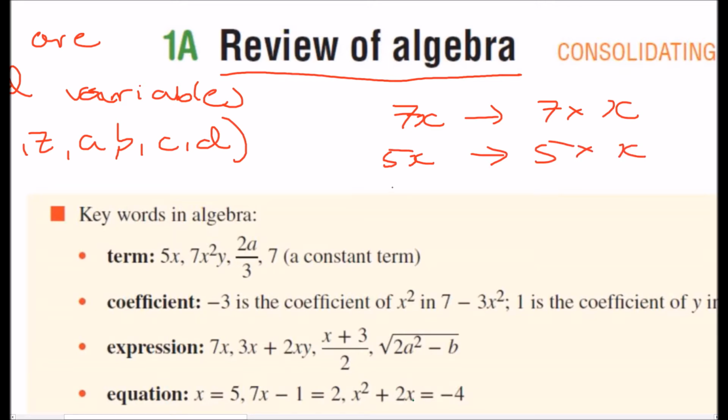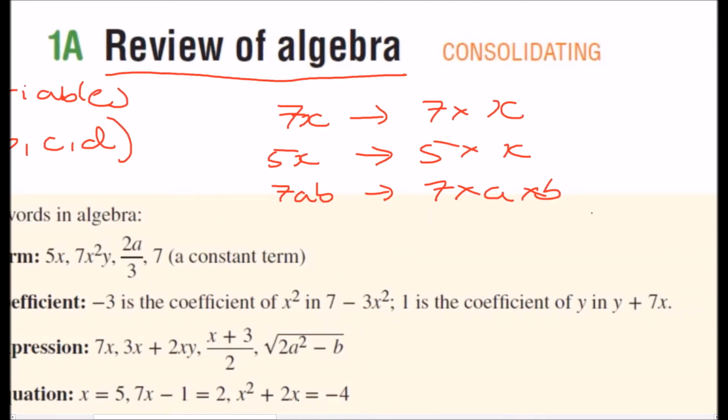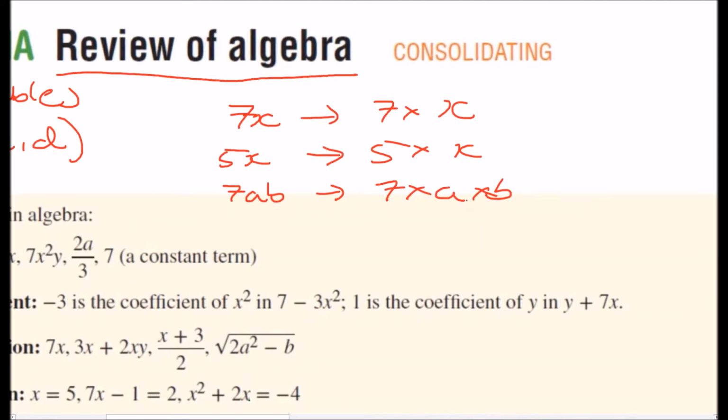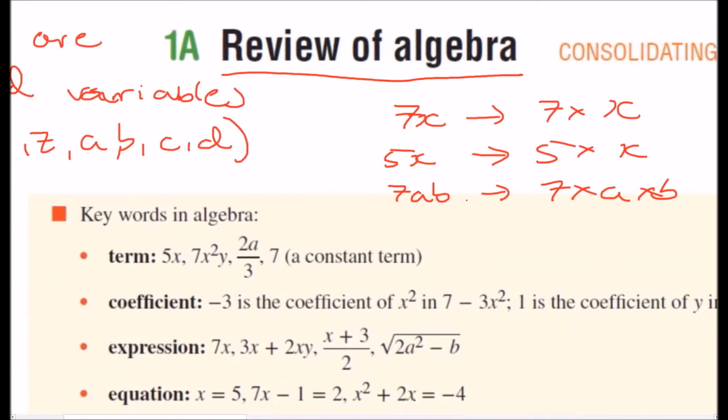One more example: 7ab means 7 times A times B. Remember, the letters represent certain numbers. Between a number and a letter, and also between two letters, there is a multiplication sign. So just some things to keep in mind.